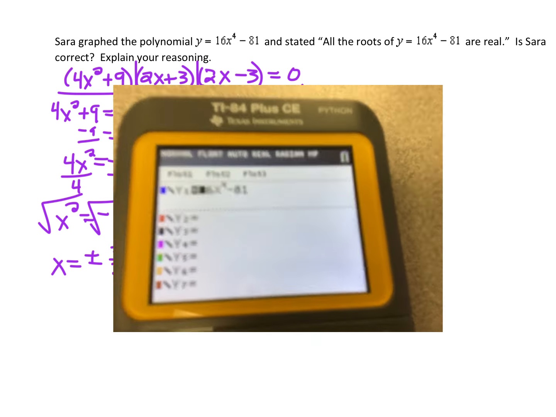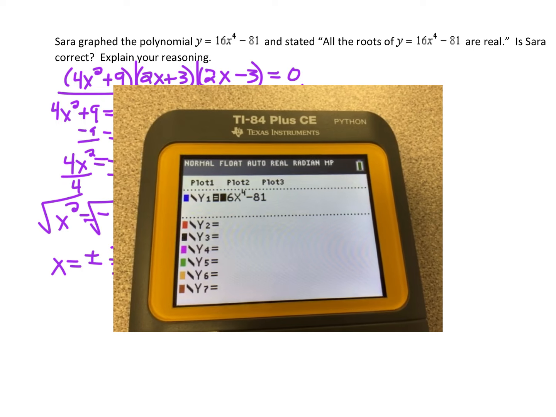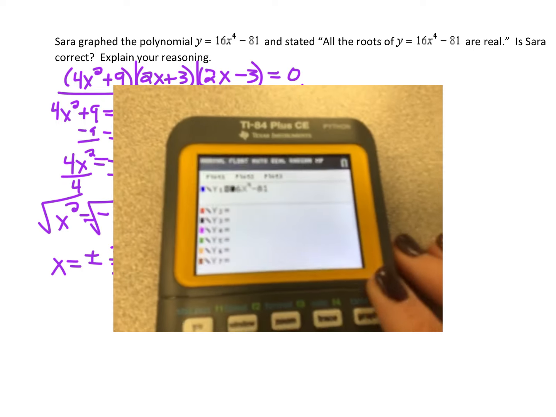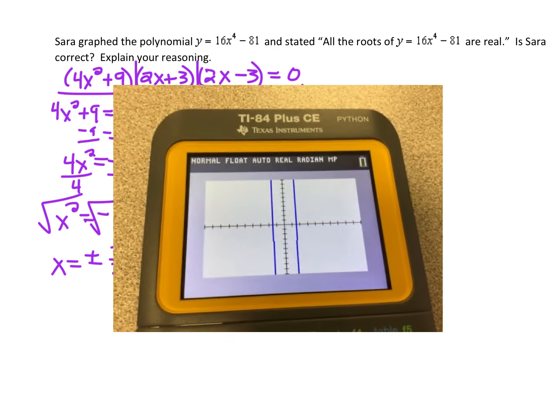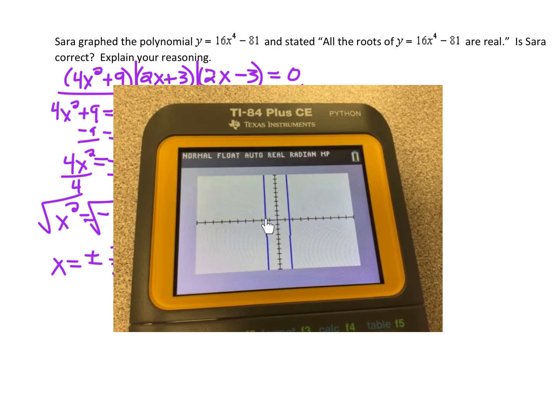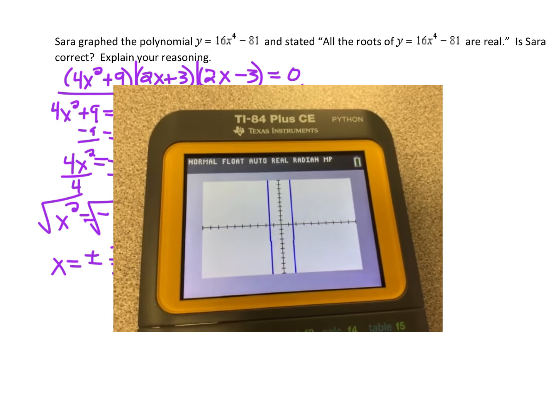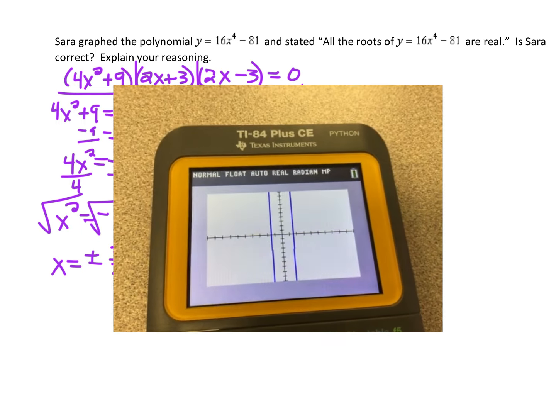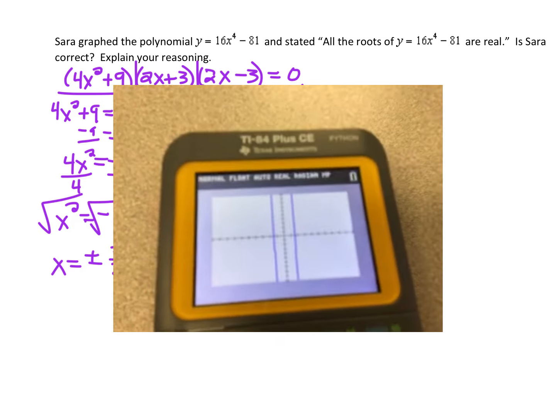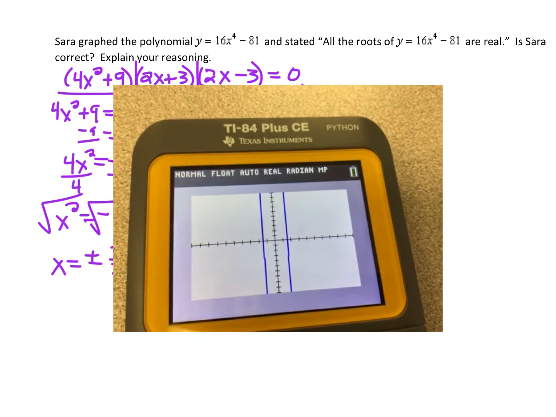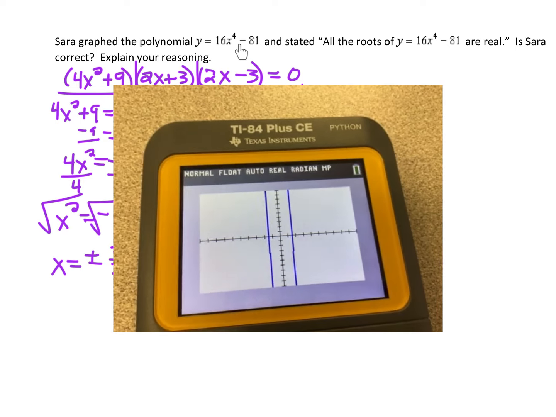I do want to point out that you could have done this graphically. You could have gone to y equals, plugged in the equation, and when you hit graph, what you'll notice is there are only 2 real roots. There's one right there, at negative 3/2, and one right there at positive 3/2. If you want to do this graphically, you'd have to draw a picture of this graph, and because this is a 4th degree equation, we could have up to 4 roots.